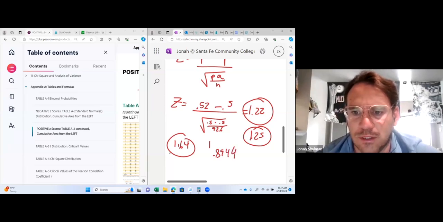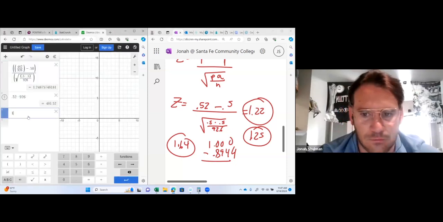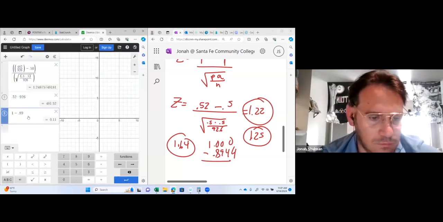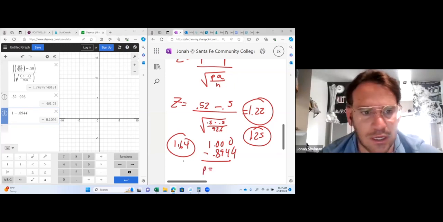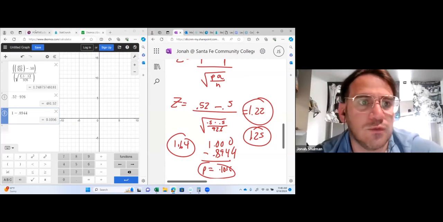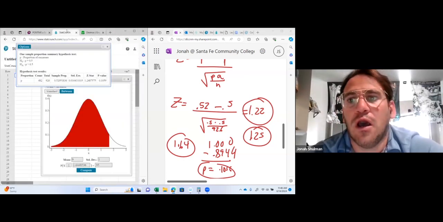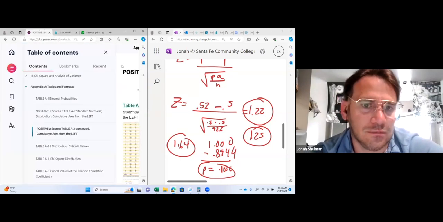And as long as I do 1 minus this, I should get the value. And here's the point. This is the p-value. Ta-da! 0.1056. Either way, this is not less than 0.05, so we will fail to reject the null hypothesis.